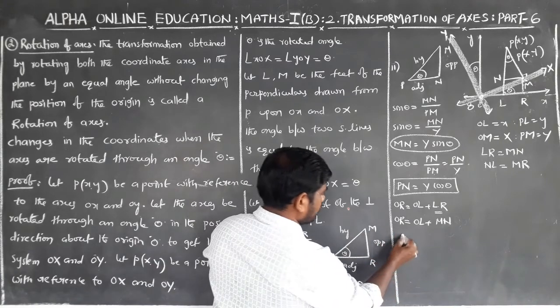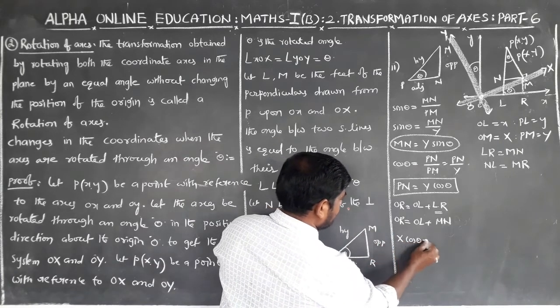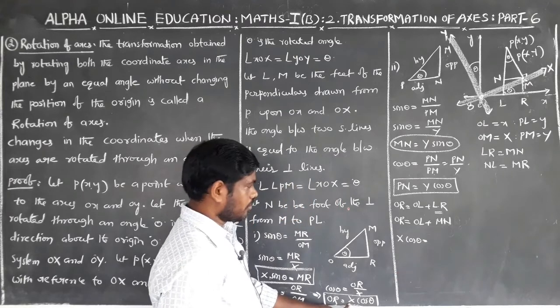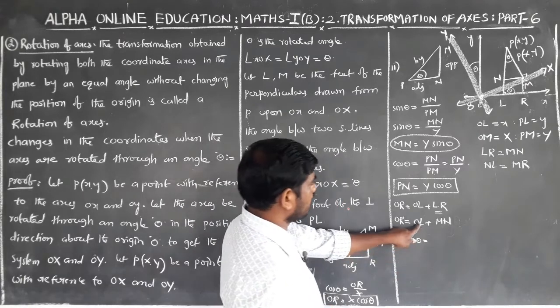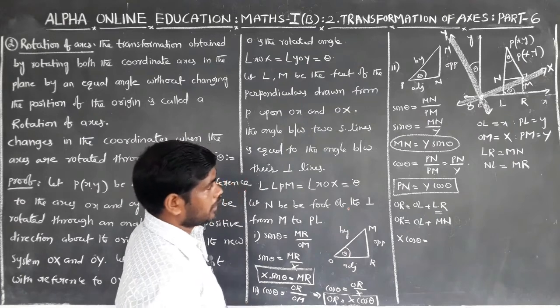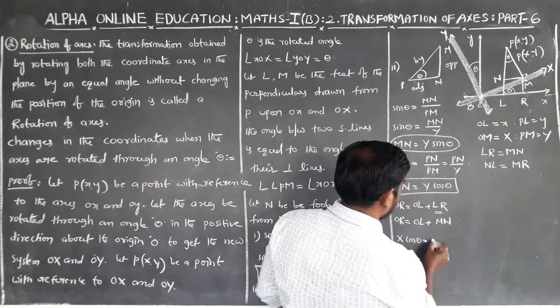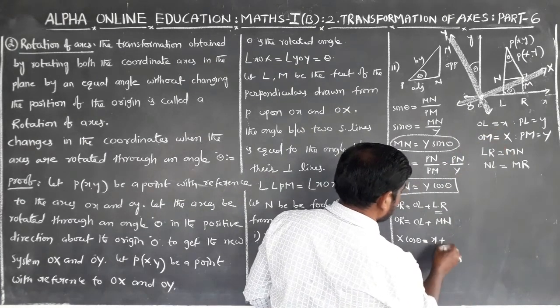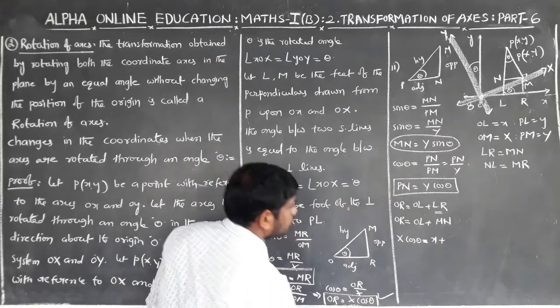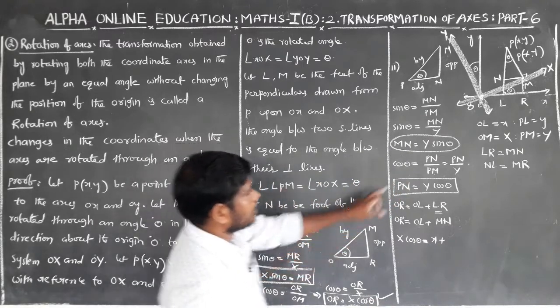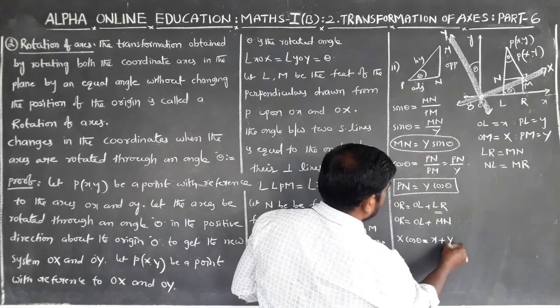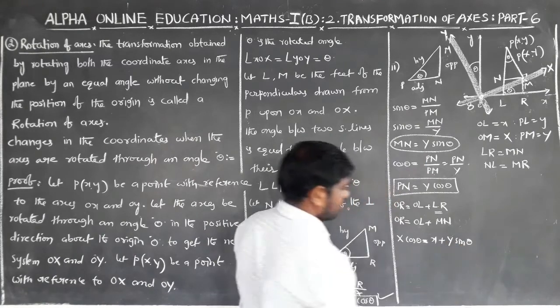OR is equal to capital X cos theta, which is equal to OL. OL is equal to small x, so capital X cos theta is equal to small x plus MN. MN is equal to capital Y sin theta.